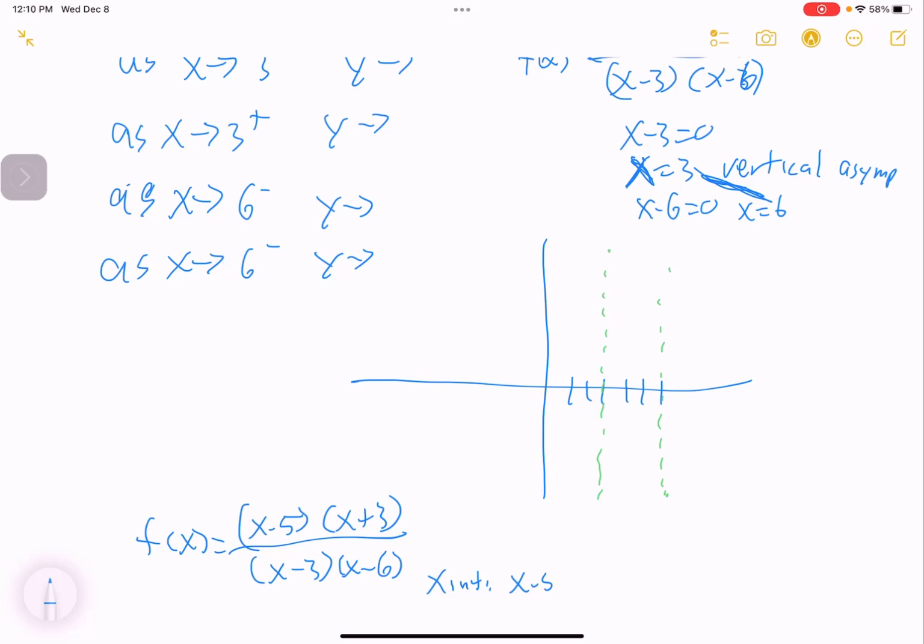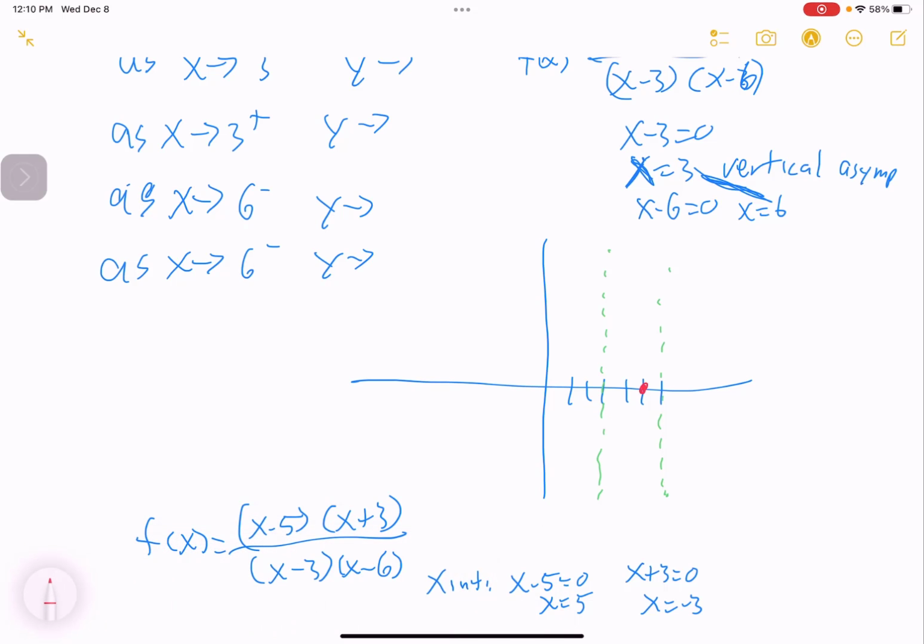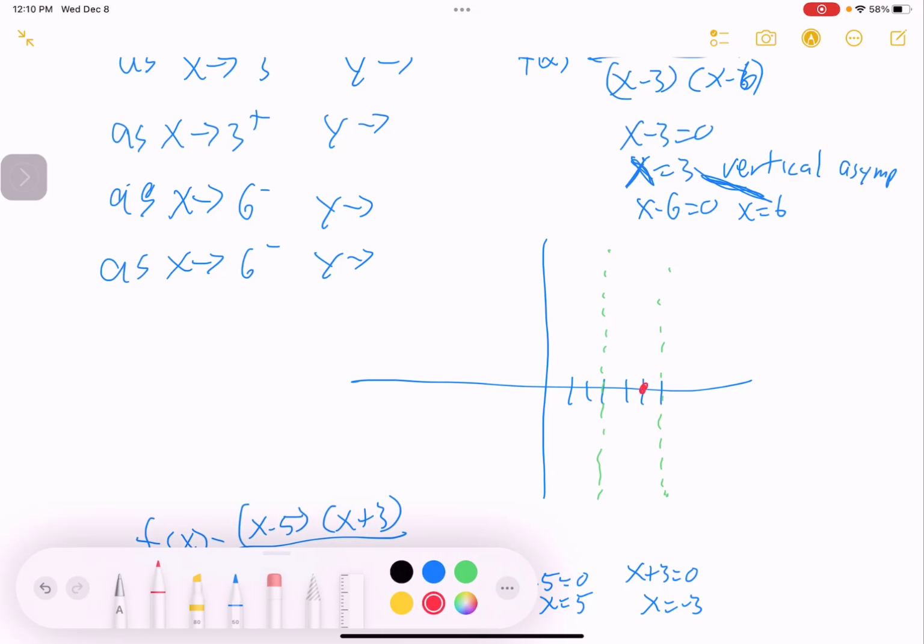That's where x minus 5 equals 0, or x equals 5. That's where x plus 3 equals 0, or x equals negative 3. So it means we're going to have it crossing the x-axis at 5, and crossing the x-axis at negative 3.